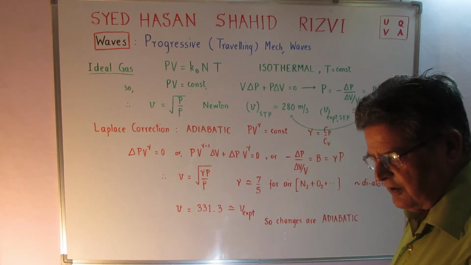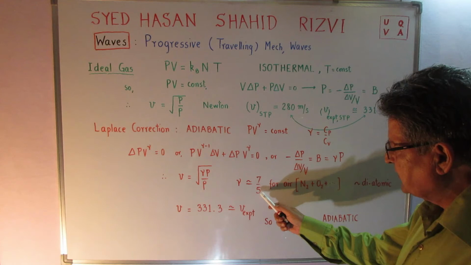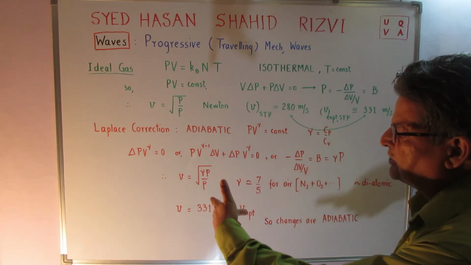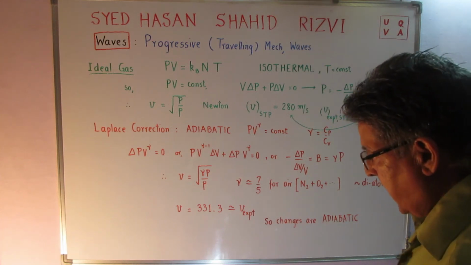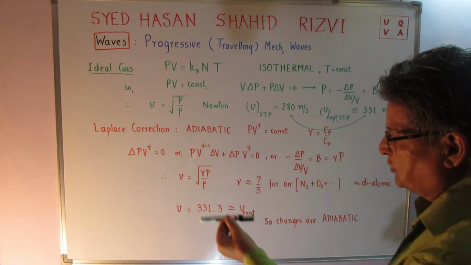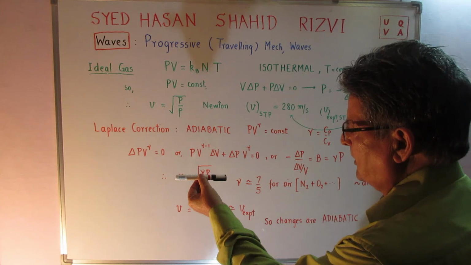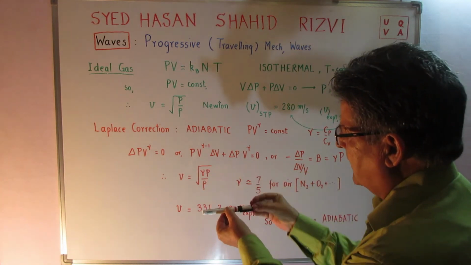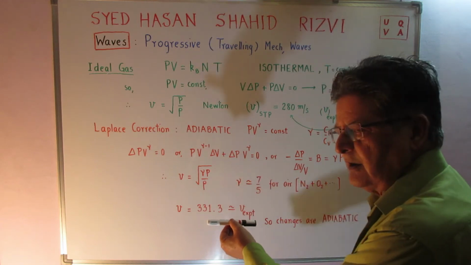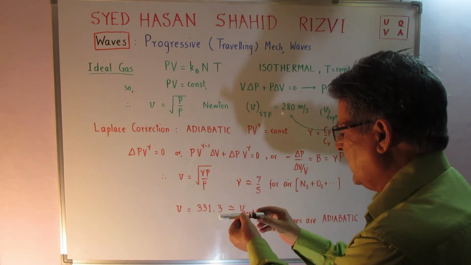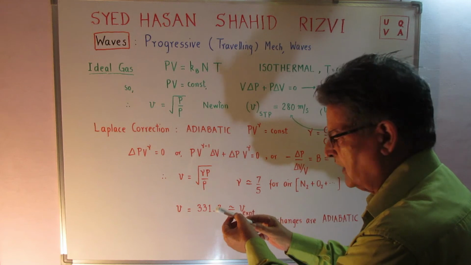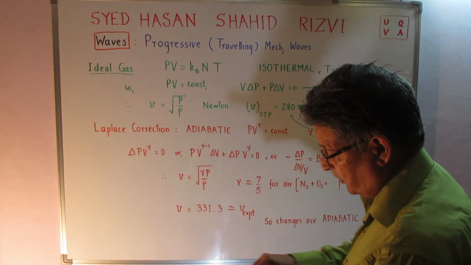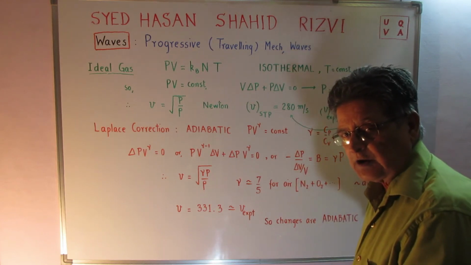What are they? 3 degrees of translation in the mutually perpendicular directions x, y and z. And because for a molecule like nitrogen or oxygen, the atoms are situated over here, they can have a rotation like this or like this. There will not be a rotation in this direction.